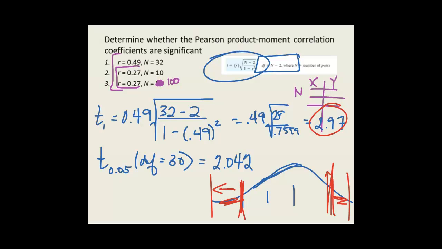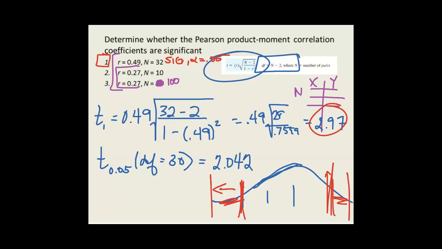So for number 1, I would say that this value of R, 0.49, is statistically significant at alpha equals 0.05. So that would be enough for us to say there is a correlation here, and it's not just that this 0.49 was due to chance.